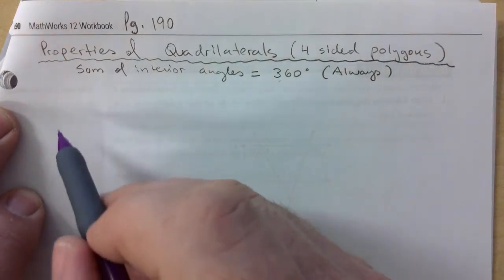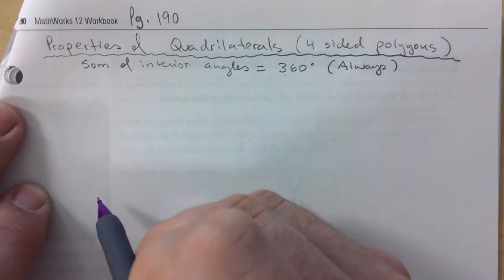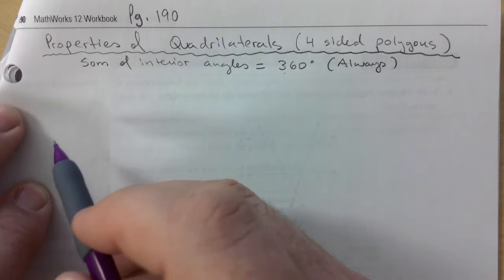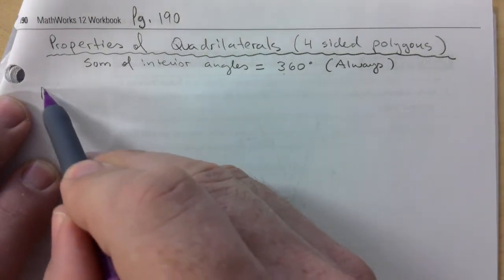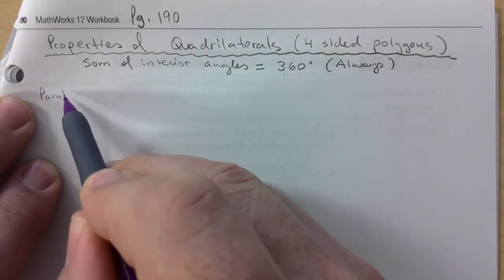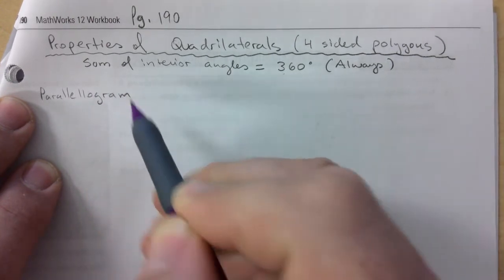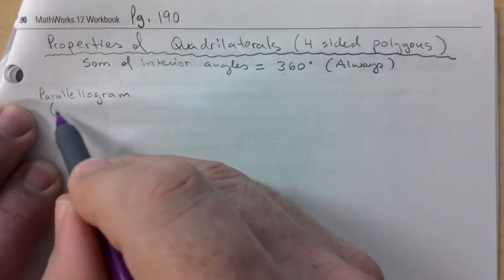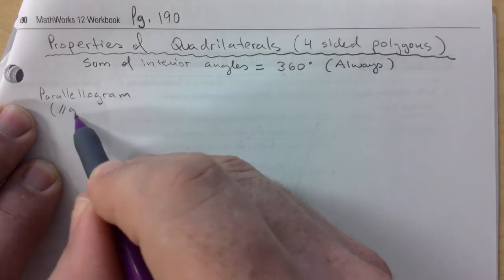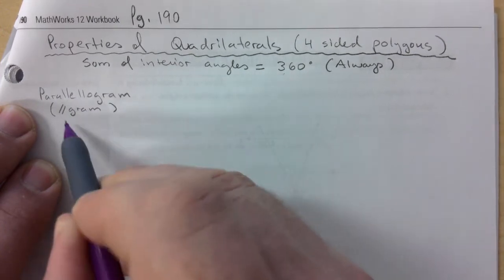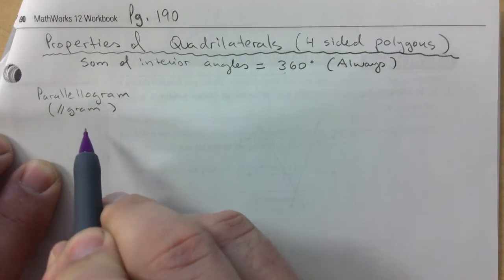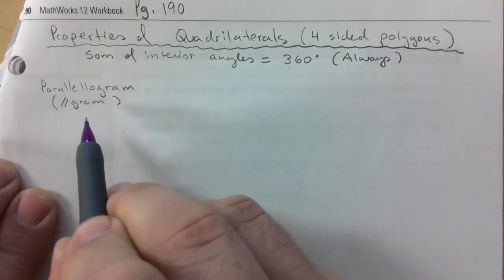And I'm kind of going to pair up shapes because they're similar. So the first one would be a parallelogram. I will often just do this parallelogram, that'll summarize the name. That way we don't always need to write out the whole thing.